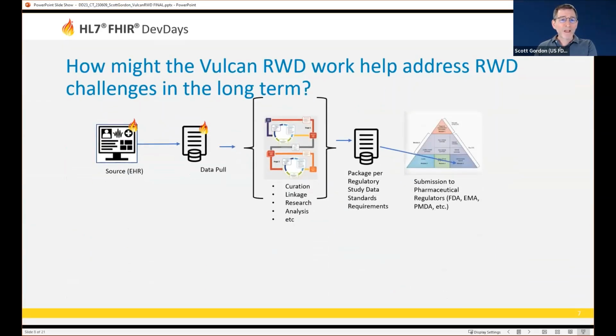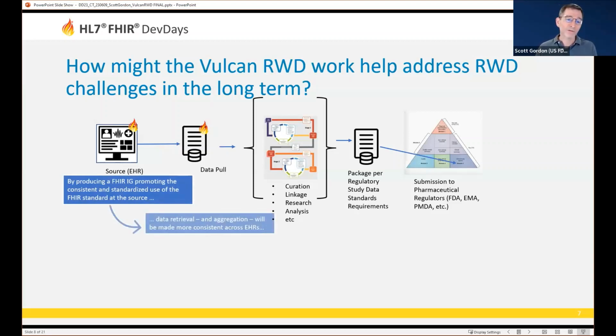And in the long run, in combination with other efforts, the hope is that this work will fit in with all the other work that's going on, so that we have a continuum where, from our side, if we have a FHIR IG that promotes a consistent and standardized use of the FHIR data standard at the source, this will promote easier and more consistent retrieval of data, regardless of the EHR in question.